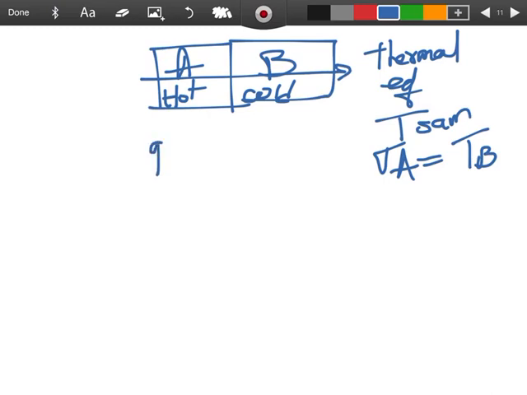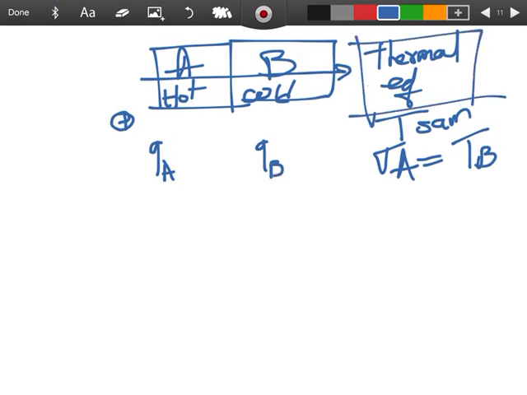So the heat of A is going to be higher than the heat that B has. But we know, since they are going to reach thermal equilibrium, that at some point these things need to be the same. So QA needs to be higher. It's going to be hotter, so it needs more energy, and QB is going to be cold, so I'm going to assign a negative sign.